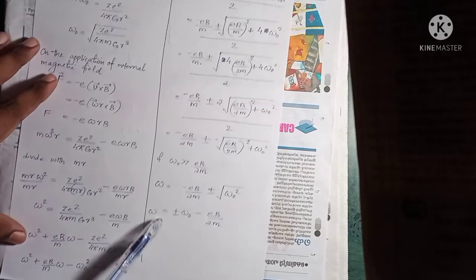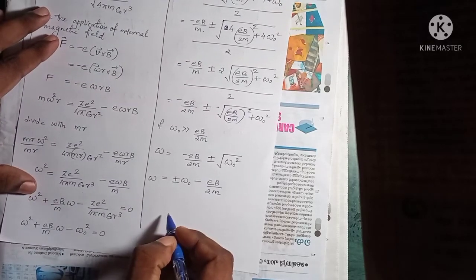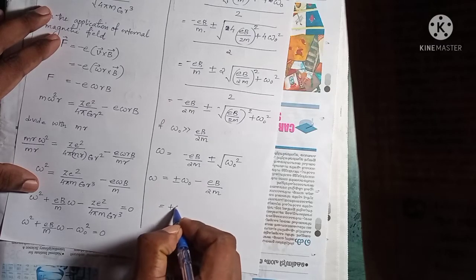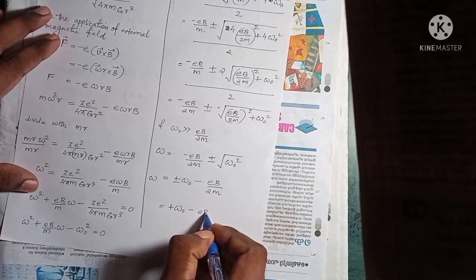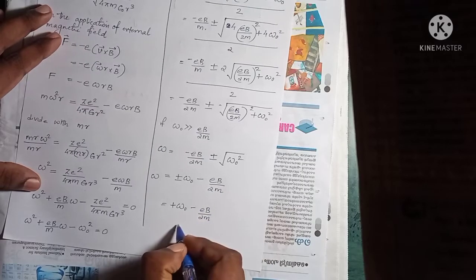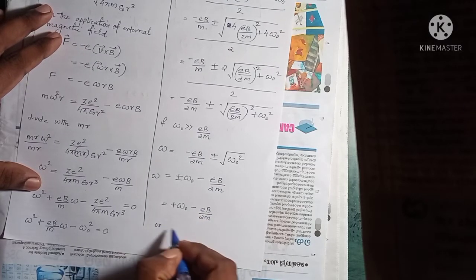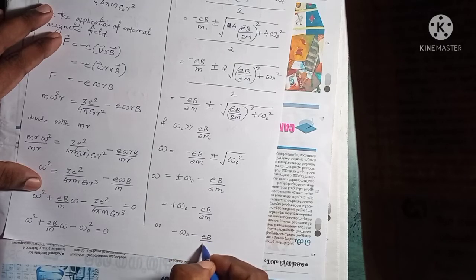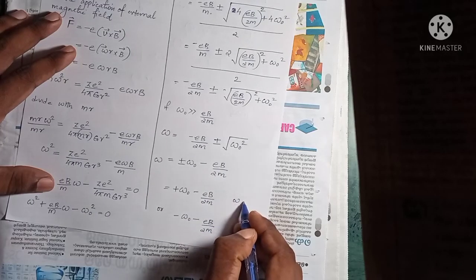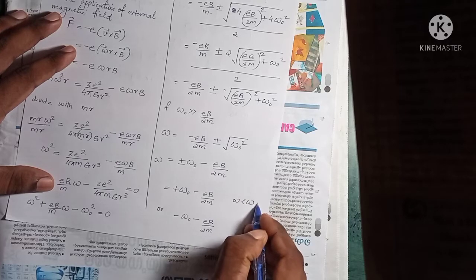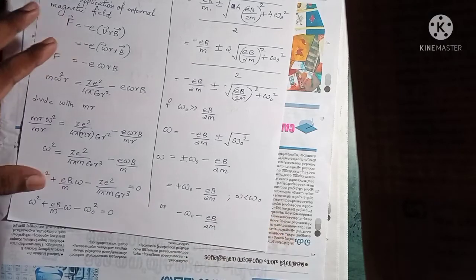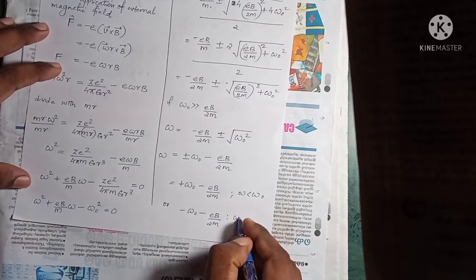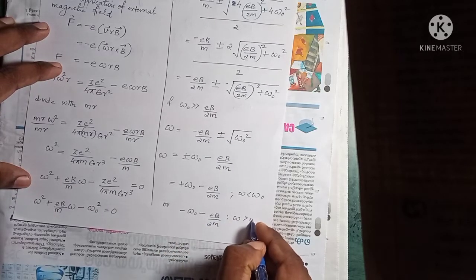Now it's clear from this equation that there can be two values of omega. It can be either plus omega naught minus eB by 2m, or minus omega naught minus eB by 2m. Here omega is less than omega naught, and here due to the two negative signs omega is greater than omega naught.